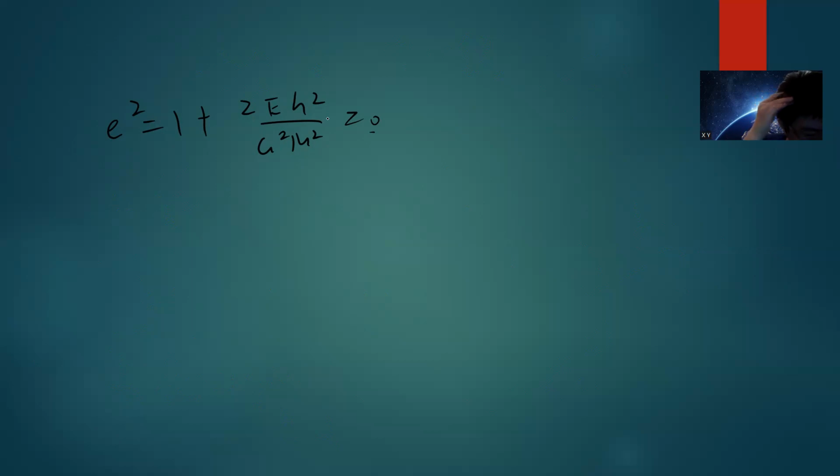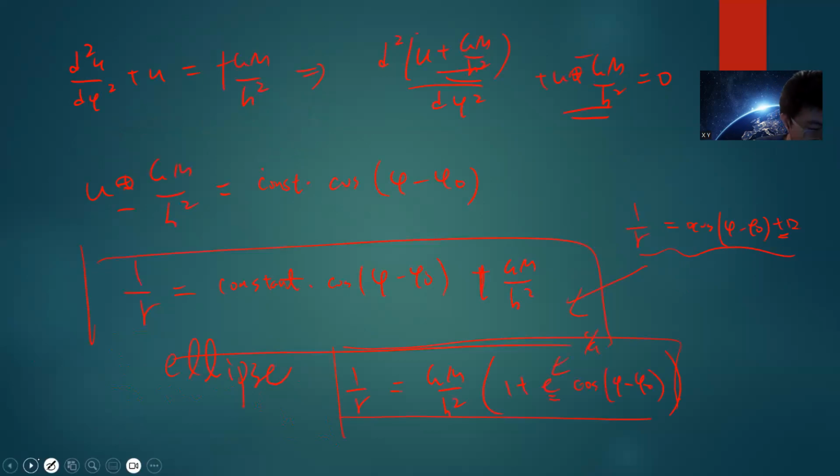Yeah, and you can also solve this equation. Okay. So this is why the 1 over r squared term will give you an ellipse.